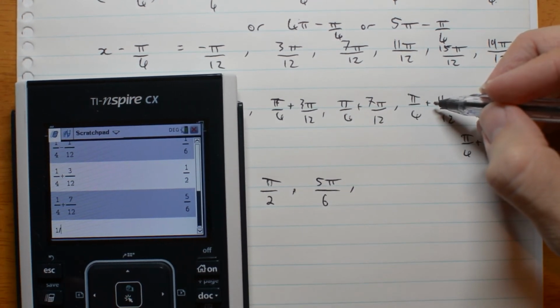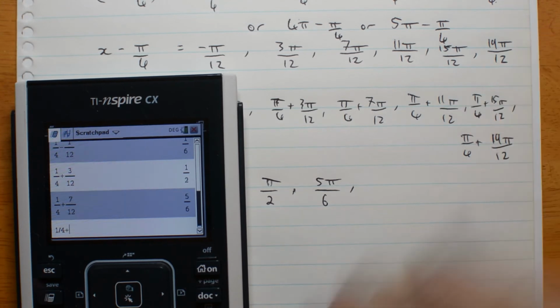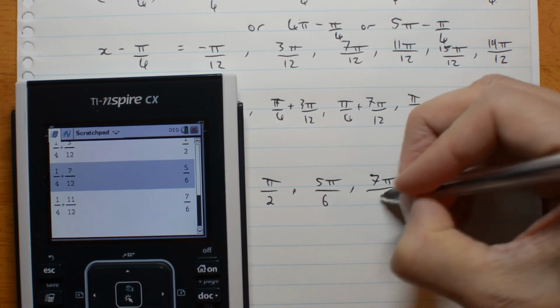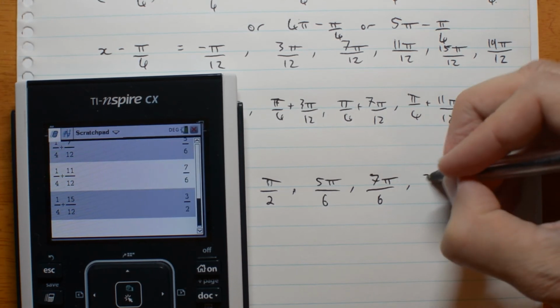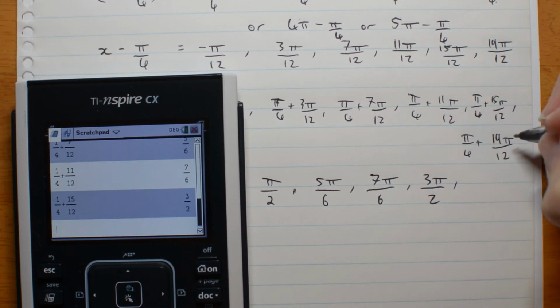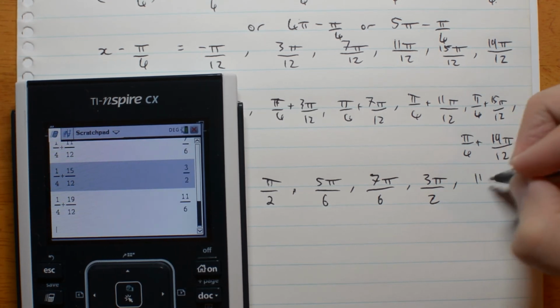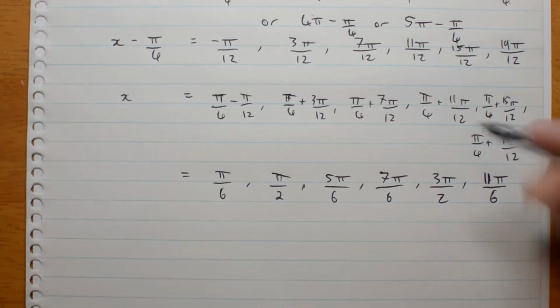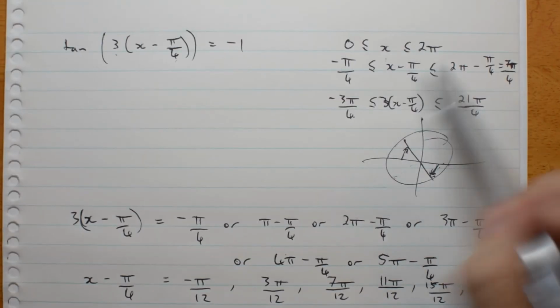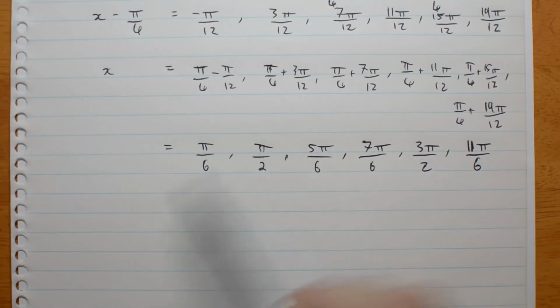A quarter plus 11/12, 7 pi on 6. A quarter plus 15 on 12 is 3 pi on 2, and a quarter plus 19 on 12 is 11 pi on 6. And I'm just under 2 pi, so I've got my full range 0 to 2 pi in these 6 solutions.